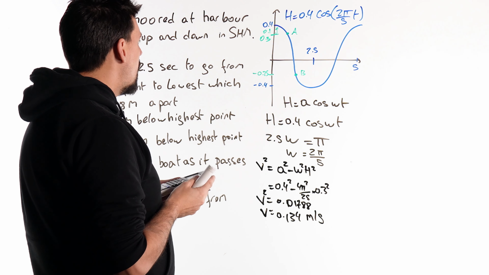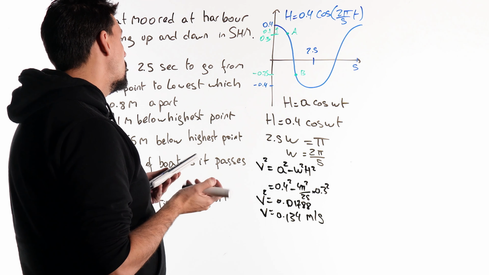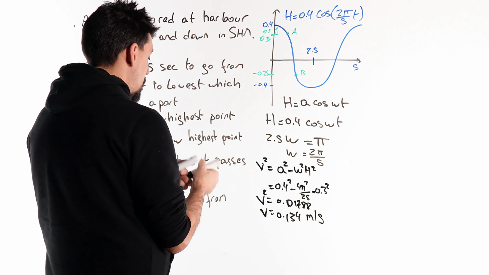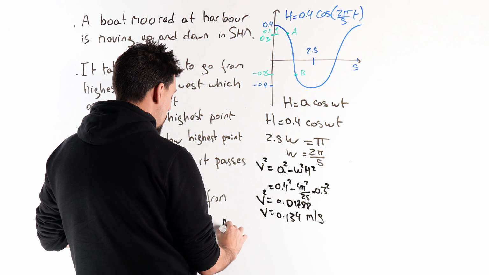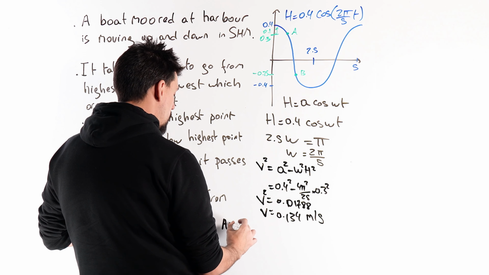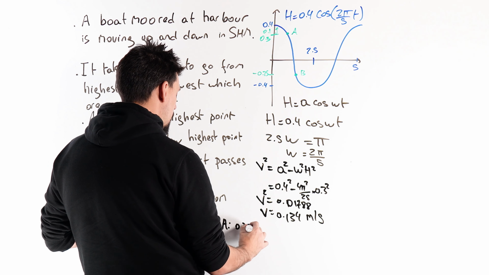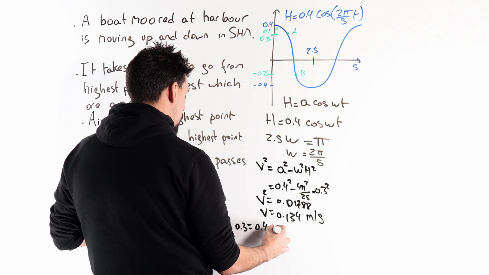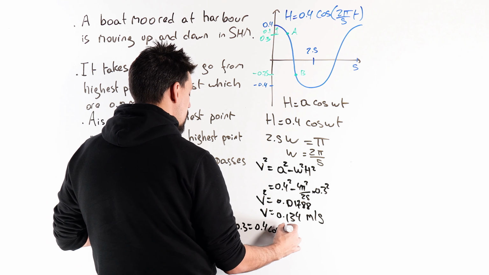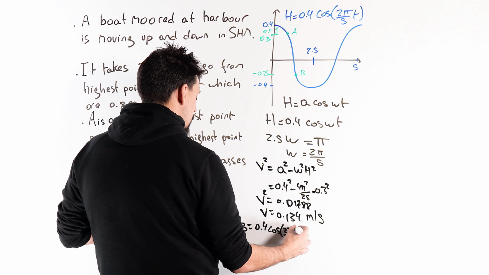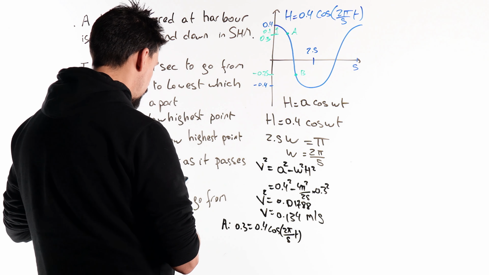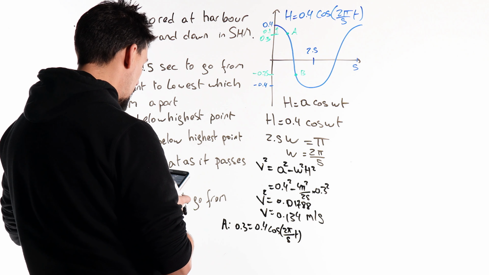Right, now the shortest time to get from A to B, well, we basically need to find the time for both of them, right? So at point A, we get 0.3 is 0.4 cos 2 pi over 5 t. Am I in radians? Yes.